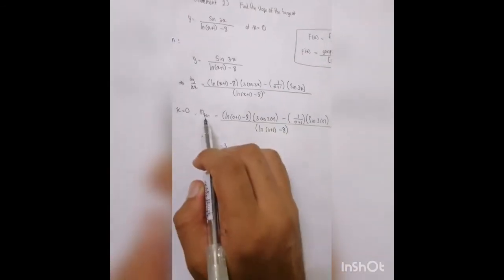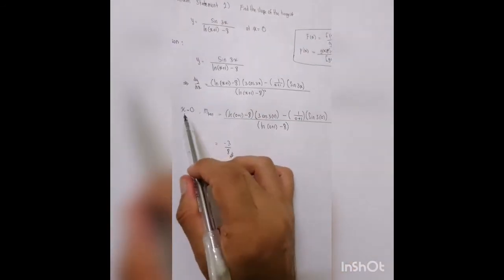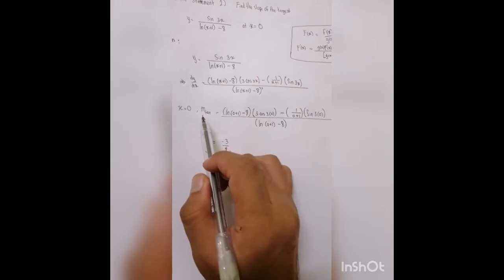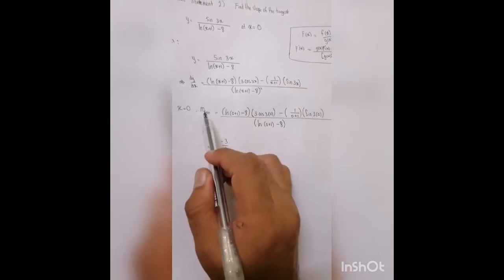So at the point x equals 0, we get the gradient or the slope.